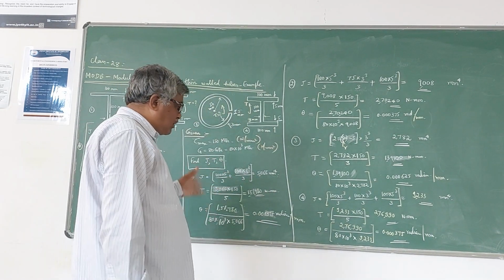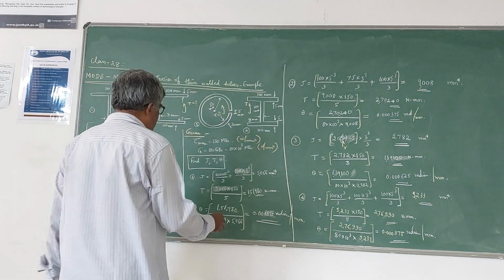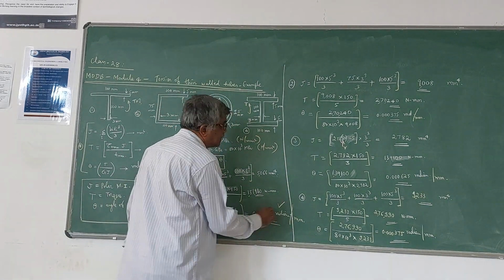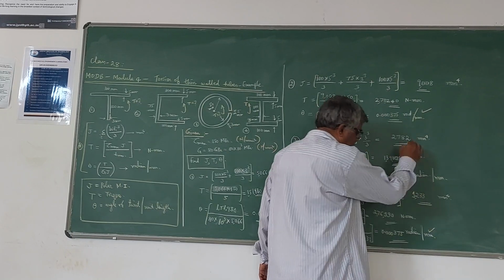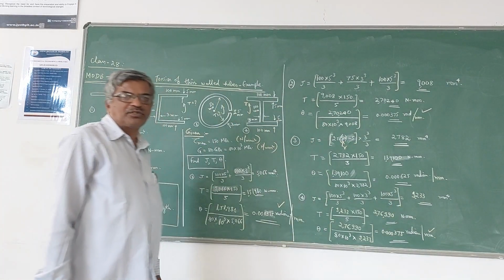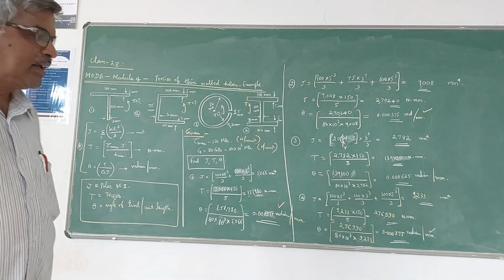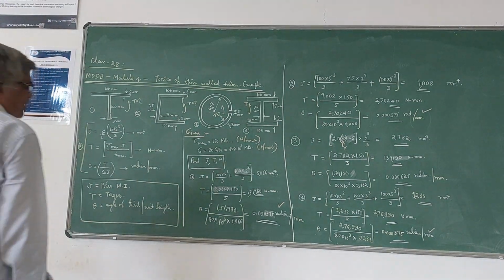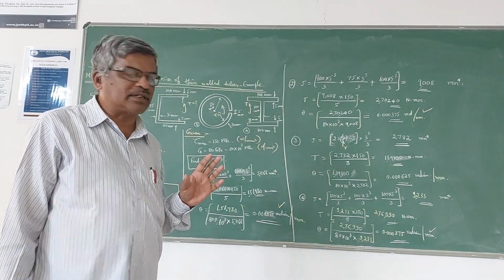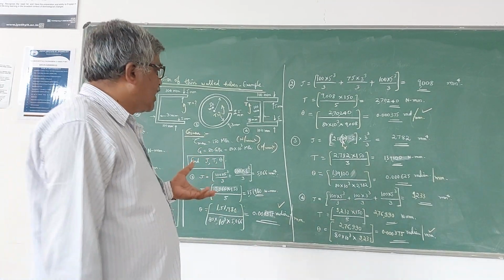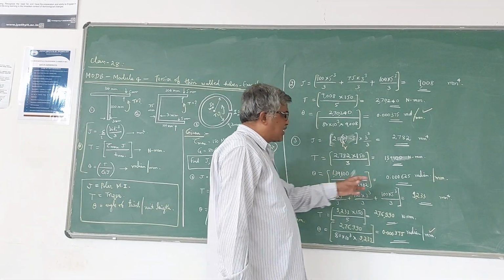Now if you observe all these 4, the first one, second one and fourth one, we can comment that all these three have the same values of theta. So irrespective of the cross section, the twisting of all three tubes, first, second and fourth, is the same. And the third one, we are getting a slightly higher value.